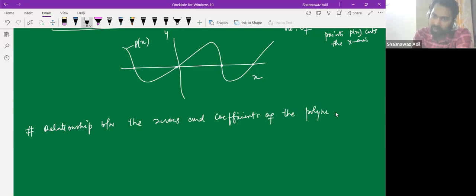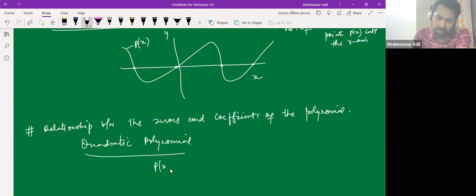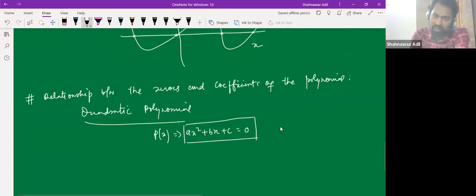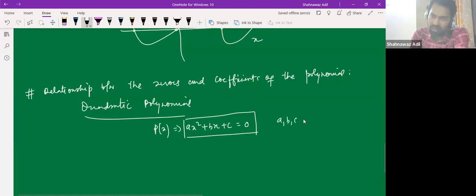For that purpose, we took a quadratic polynomial or a quadratic equation whose general form was what? ax squared plus bx plus c. And if I write the equation, this was the quadratic equation, and a, b and c were the coefficients and the constant.